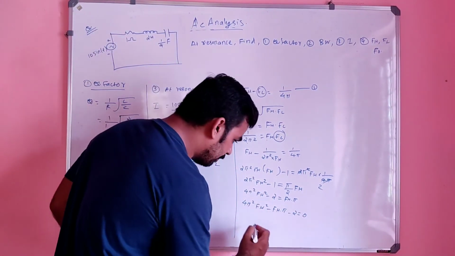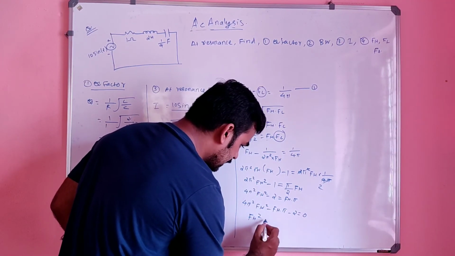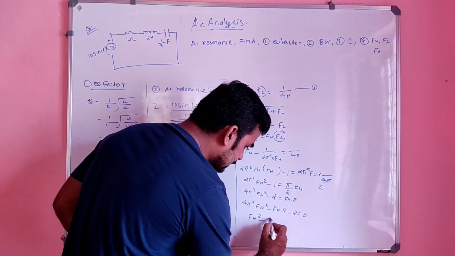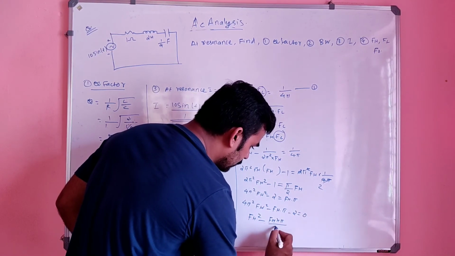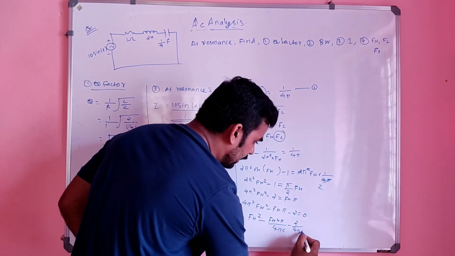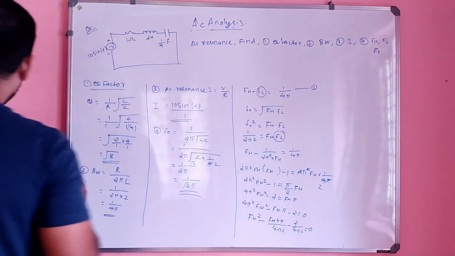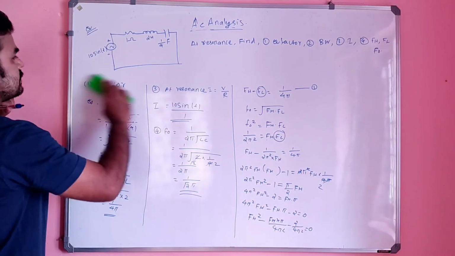Divide all the equation by 4 pi square: FH square minus FH into pi divided by 4 pi square minus 2 divided by 4 pi square equal to 0.